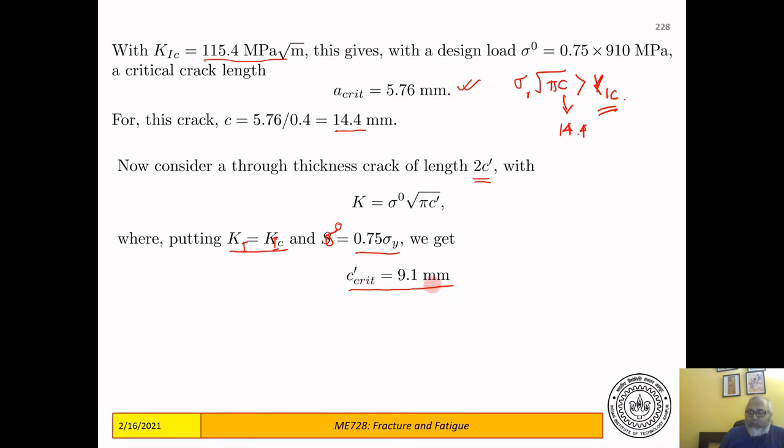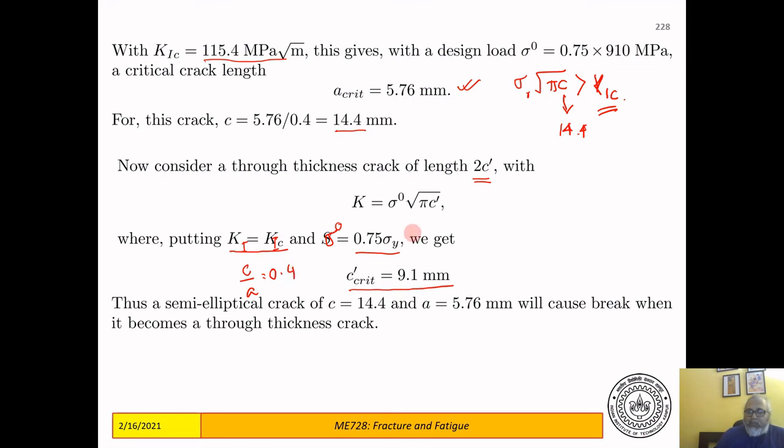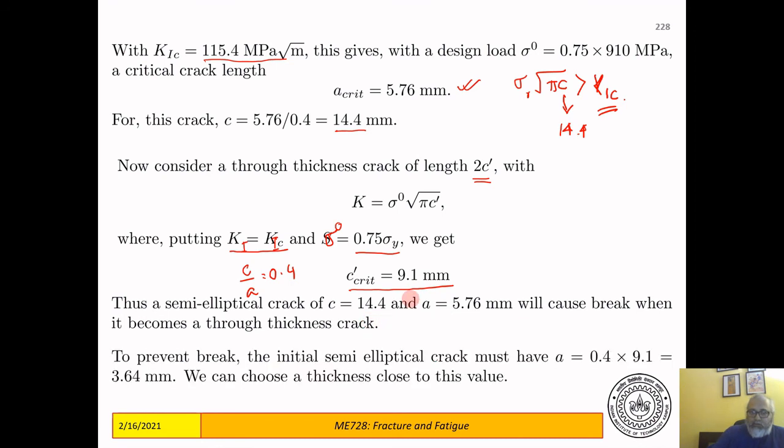If c critical is 9.1 millimeter for a crack with a by c equal to 0.4, then we get a is 5.7. Then 0.4 into 9.1 is 3.64 millimeter. 3.64 millimeter is the thickness that we should have in order to assure that leak occurs first before break.